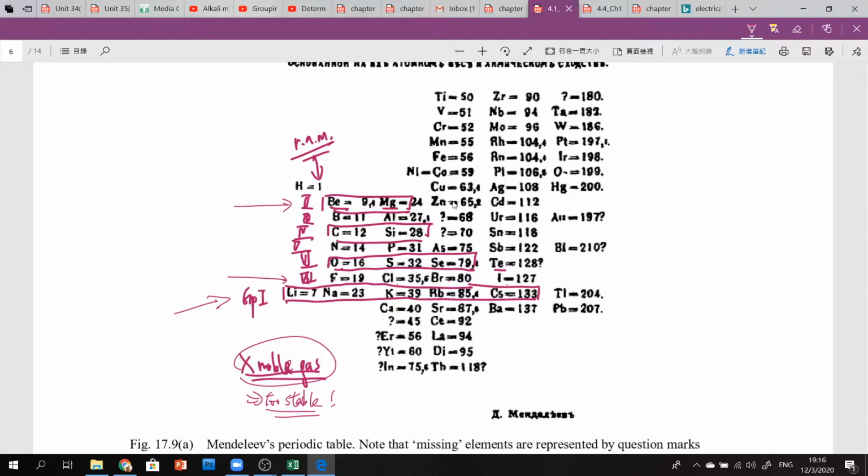But it is fascinating that Mendeleev nearly successfully grouped those elements according to chemical reactivity, and here comes the modern periodic table, with group 1, group 2, and group 7 elements respectively.